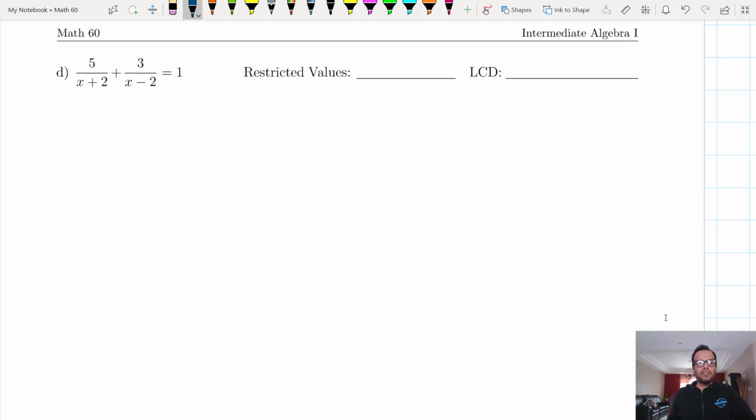And then once we factor the denominators, we look for the restricted values and the least common denominator.